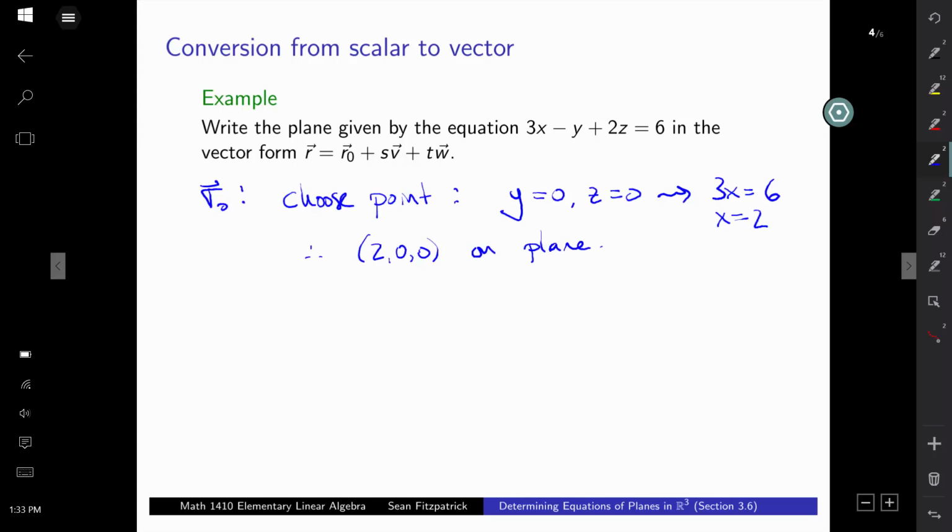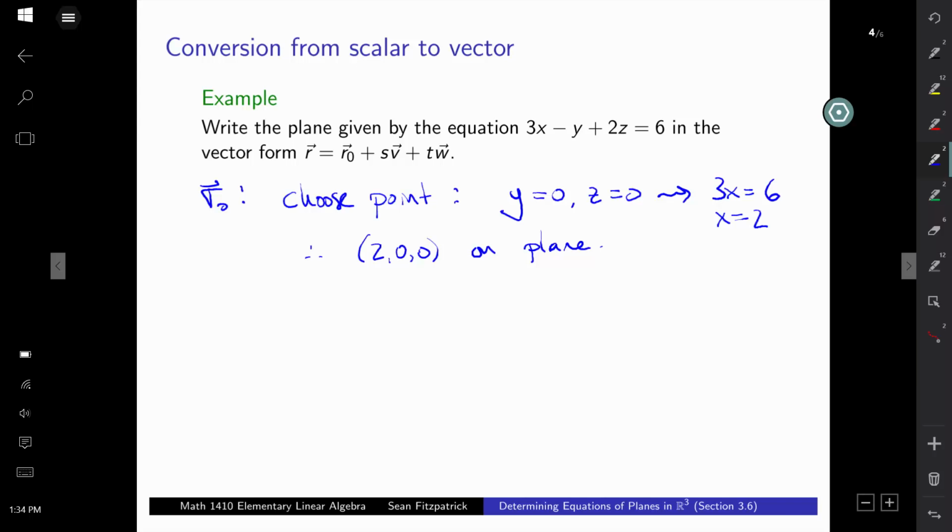Okay. Generally, if you set two of the three variables equal to 0, then you can solve for the remaining variable and figure out a point. So here we set y and z equal to 0 and solve for x. We could have also set, say, x and y equal to 0 and got z equal to 3. That would work too, but this is the one we chose to do. Now, what do you do with the rest of it?